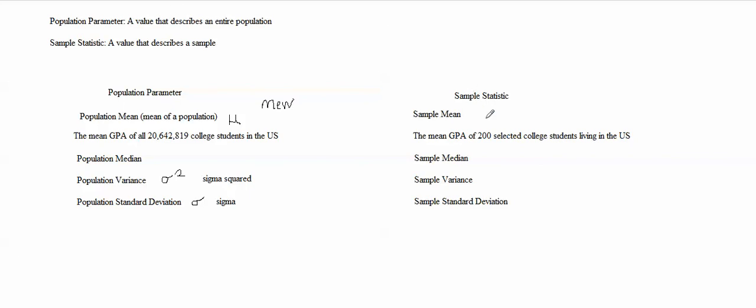For sample statistics, they don't use Greek letters. The symbol for a sample mean is x. It's called x bar. It's an x with a bar above it. Sample variance is the letter s squared, and it's just called s squared.